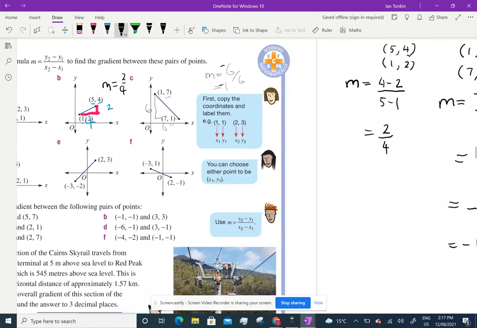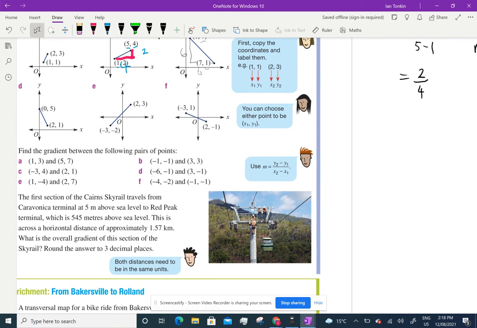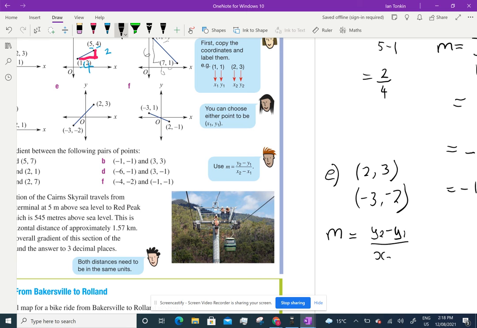If you can get the 2 points, you're away. You have a go at some of those. I'm going to do E. Again, if you can write the 2 coordinates, so 2, 3, -3, -2. The gradient, I'm going to write the formula, y2 minus y1, subtract the y values, over x2 minus x1, subtract the x values.